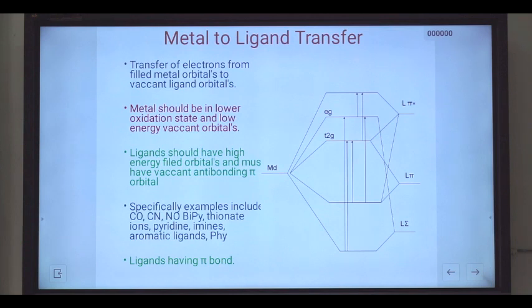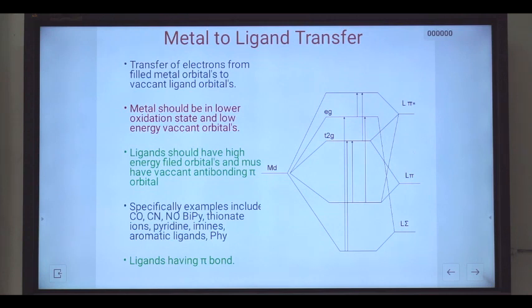The next point is that the ligand should have higher energy filled orbitals. So if the metal ions are at the lower level and the ligands are at the higher level, then only does the transfer of electrons take place from the metals to the ligands. The main point to emphasize is specifically the ligands involved during the transition. In the case of LMCT, the ligands involved are pi donors.